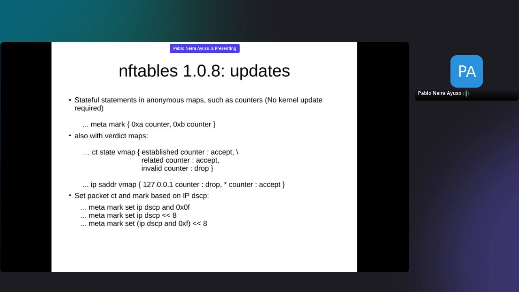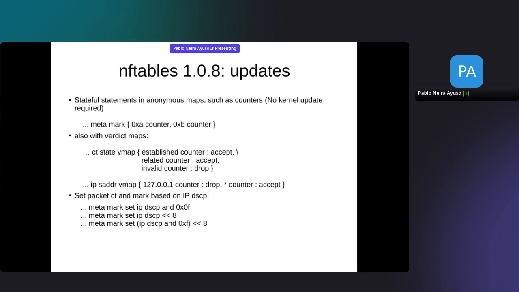In nftables 1.0.8, we got an announcement that requires no kernel update, which is something that has been requested for a while already. It was basically a reason for some users to keep expressing rule sets using rules, which was the lack of being able to attach a counter stateful expression to an implicit element.